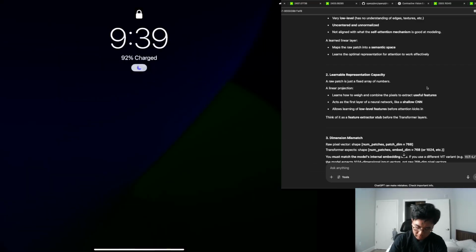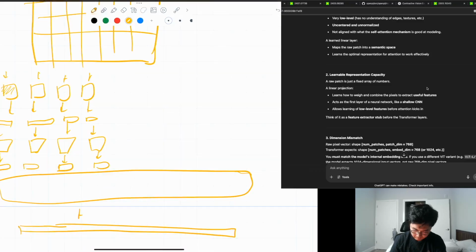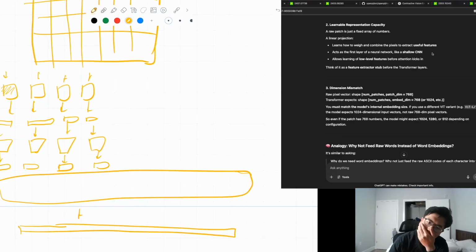It acts like a shallow CNN, I guess. Okay, but it's linear. What can it possibly do? Is it like a convolution?